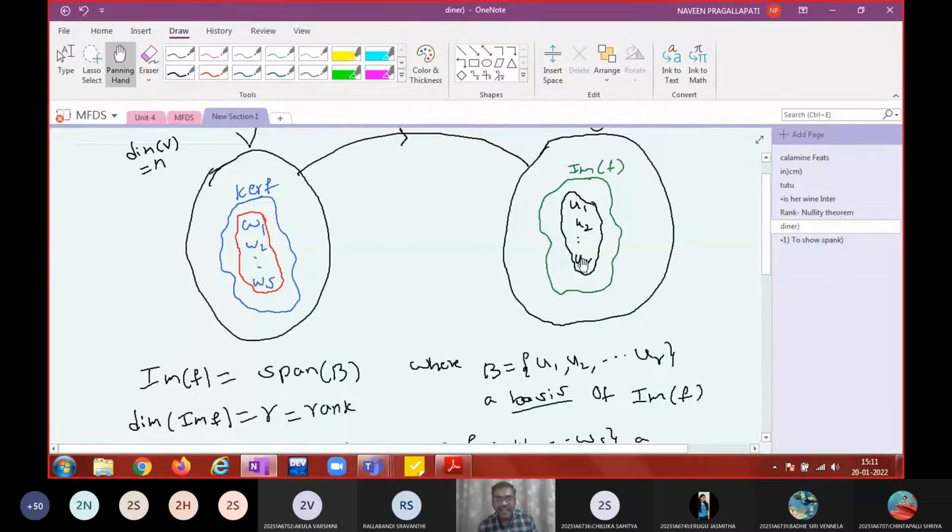That means any element of this image space can be written as a linear combination of elements U1, U2, and so on UR, because this is the basis. This is the basis of kernel. And this is the basis of image F.